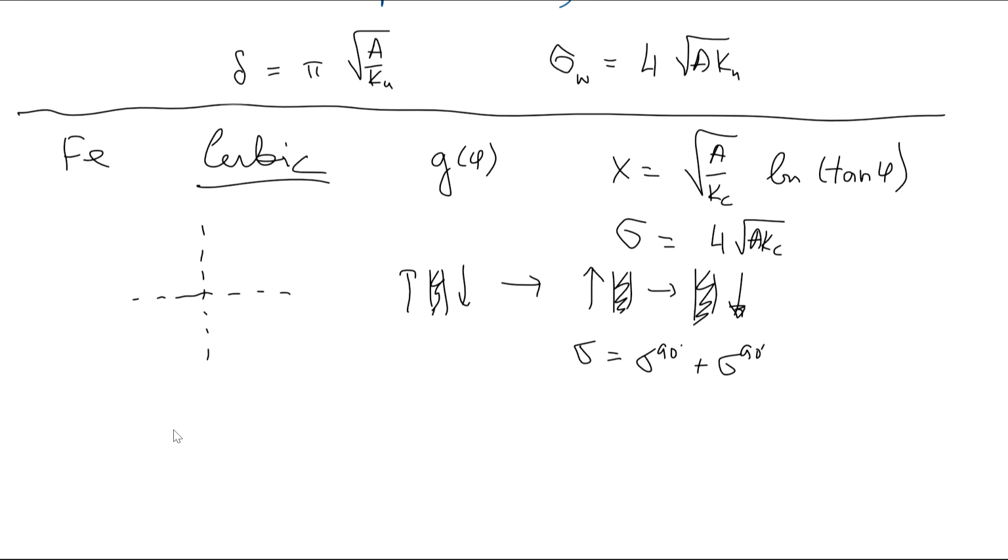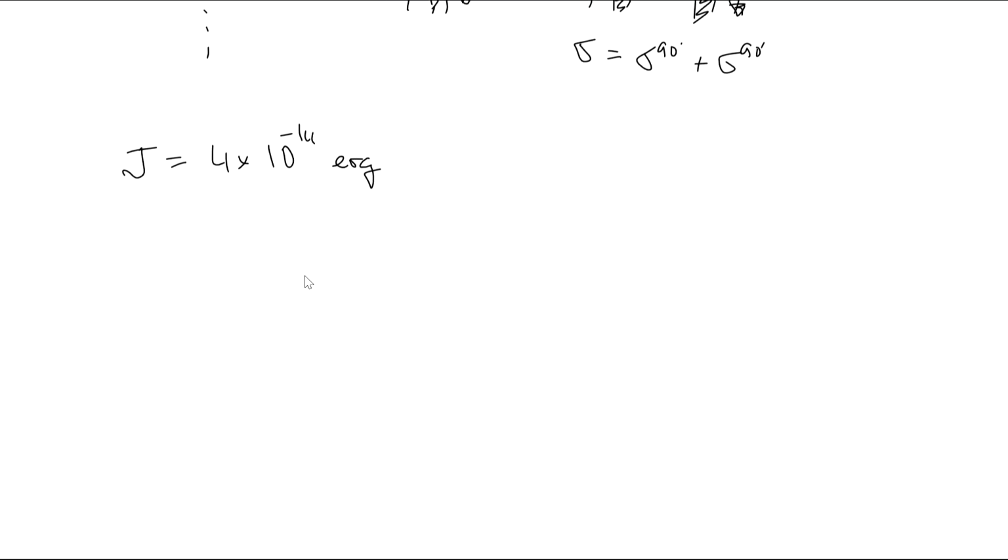But in general, if you calculate for iron, J is 4 times 10 to the negative 14 erg. Again, using CGS units. I told you in the very beginning we'll be using those. The exchange stiffness constant is N J S squared over a.